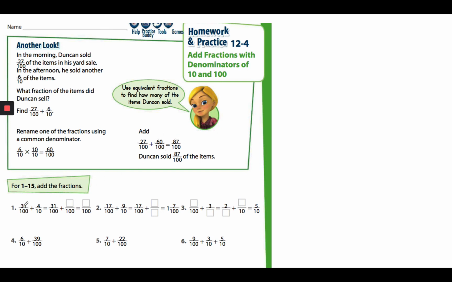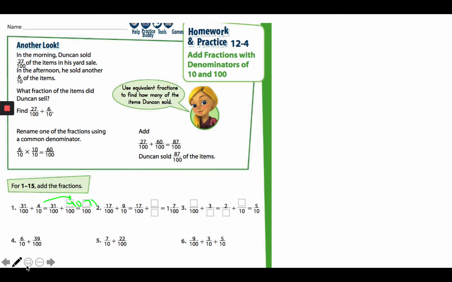So right here, we would leave the 31 hundredths the same, and then we're going to make this into 40 hundredths. So 40 would go here. And you add them together, and now you have 71 hundredths. So again, it's just making the denominators the same.